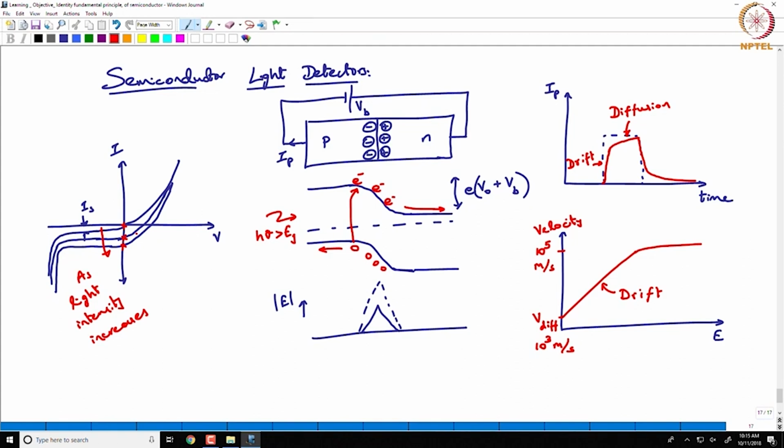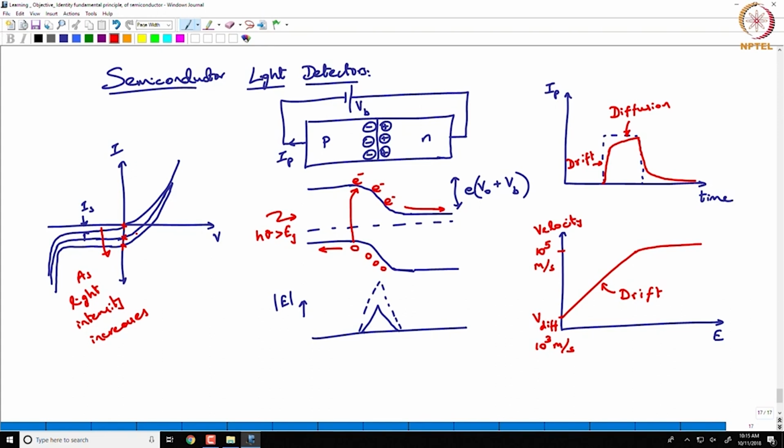So, then what is the role of that external bias? If you do the reverse bias, what does it improve? It improves the velocity with which these carriers move. So, it improves the response time basically, right.